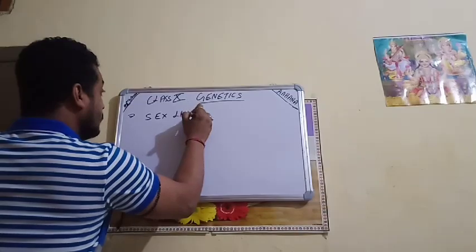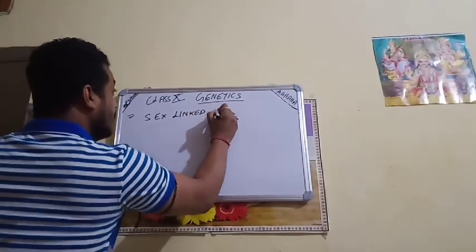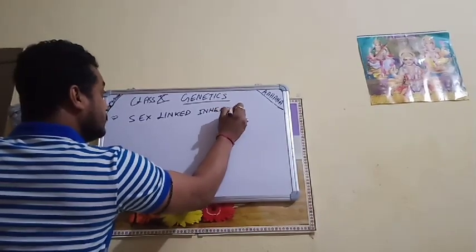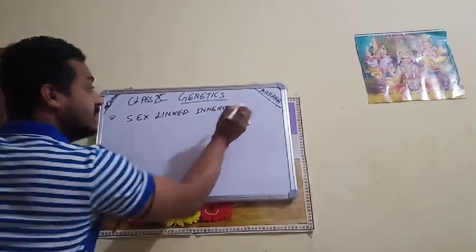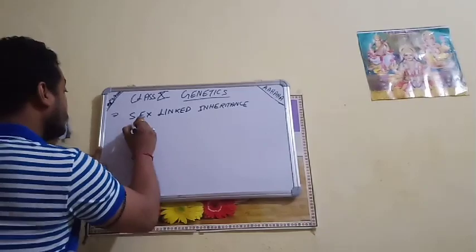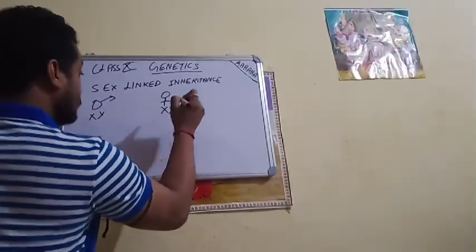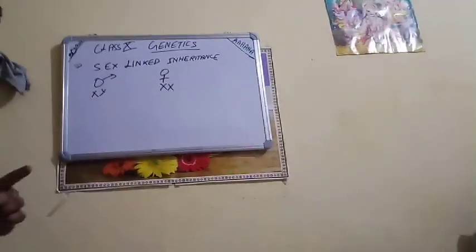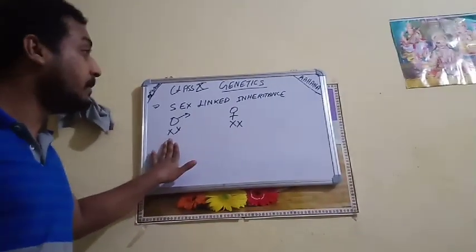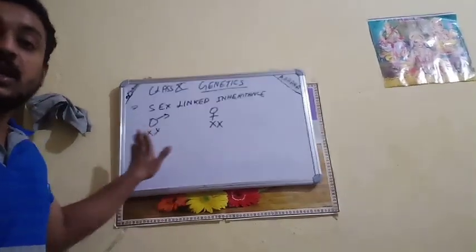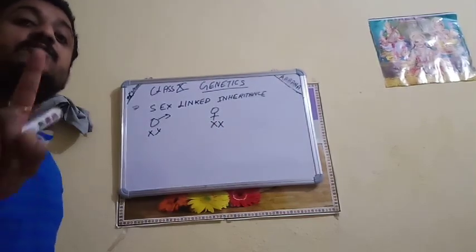As I said, the human male is XY, and the human female is XX. This XY is the chromosome pattern for the human male, and XX is the symbolization of the human female. These are the chromosomes. Chromosomes contain genes.